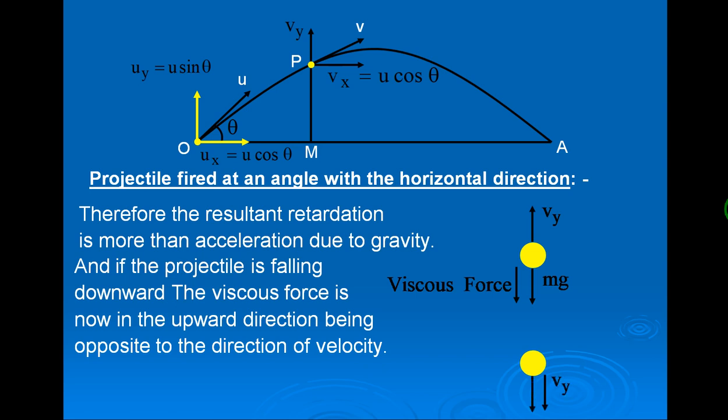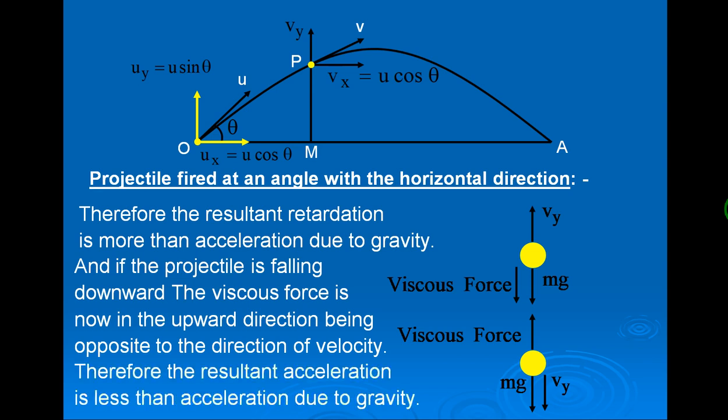Its weight mg is always acting in the downward direction, and viscous force now acts in the upward direction because it is opposite to the velocity. Therefore, the net force in the downward direction becomes less than the weight of the projectile. Therefore, the resultant acceleration is less than the acceleration due to gravity.